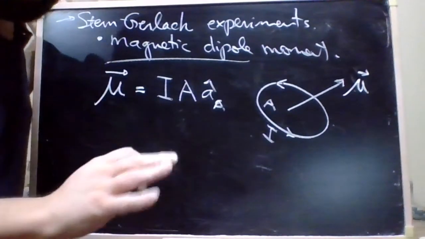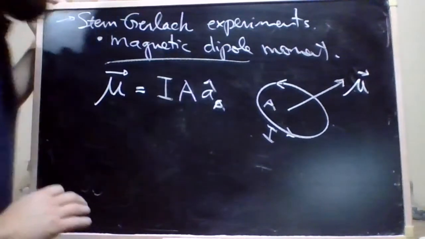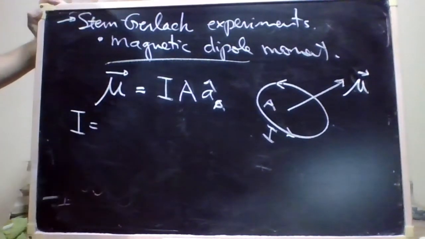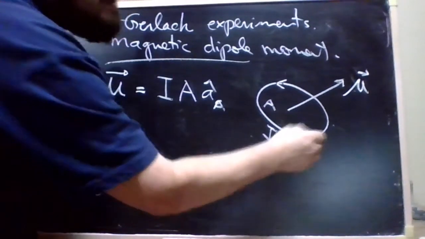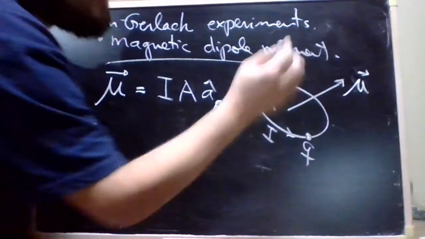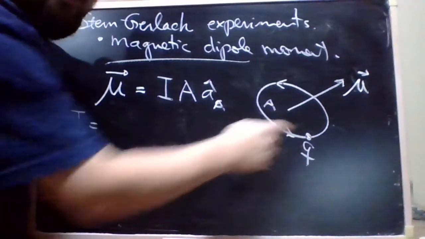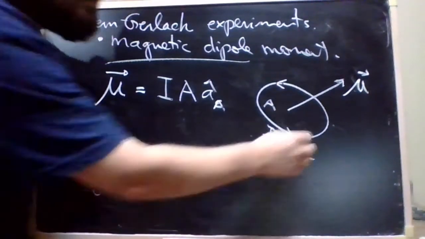So consider, for instance, just a single electron in orbital motion. I am considering orbital motion for now. The current in that case can be for an electron or a proton or something else, with charge Q, a point particle.